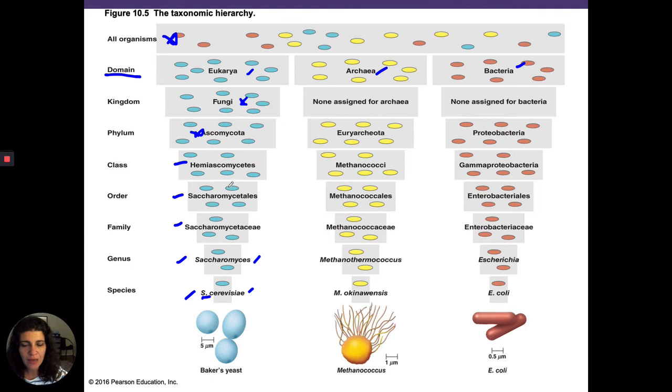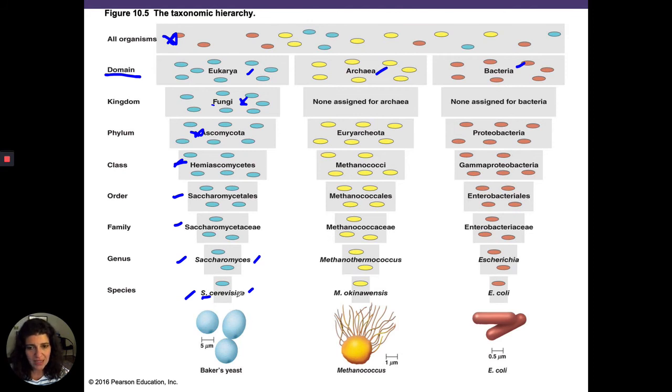And here I'm just showing you one slice of this classification. So I selected fungi, and from all the phyla inside the fungi kingdom, I selected Ascomycota. Inside this big phylum, Ascomycota, I only selected the class Hemiascomycetes. So I'm just showing you how you narrow this down.